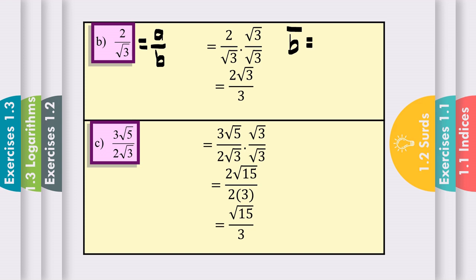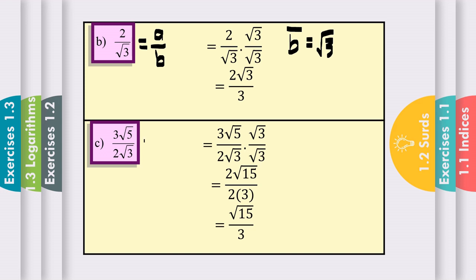For this case it is square root 3. Multiply the expression with the conjugate, so it is going to be 2 over square root 3 times square root 3 over square root 3. Then we expand. We get 2 square root 3 over square root 3 times square root 3, which is 3, and the last answer is 2 square root 3 over 3.